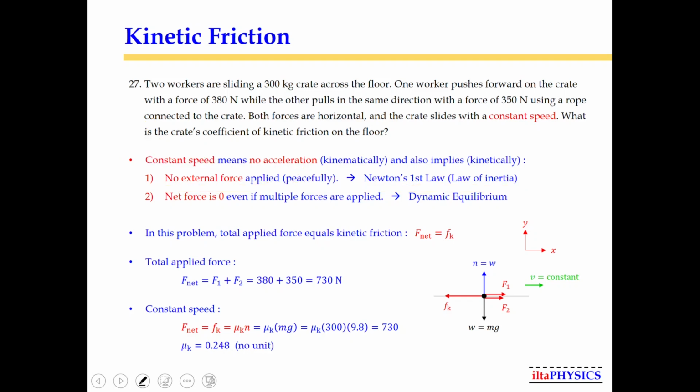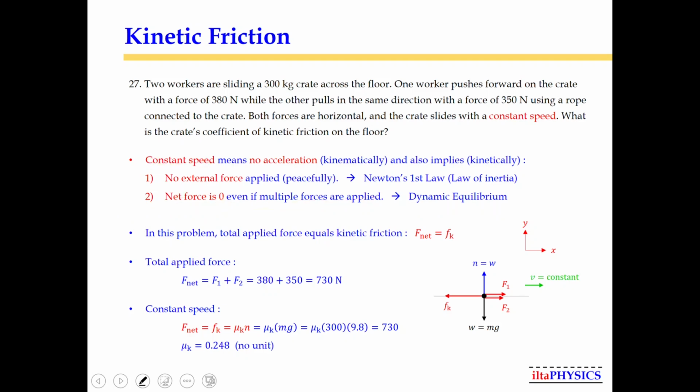The second case is when the net force, or the sum of all forces acting on the object, is zero. Even if multiple external forces are hitting the object, they cancel each other out, resulting in a state of zero. In physics, we call this dynamic equilibrium.